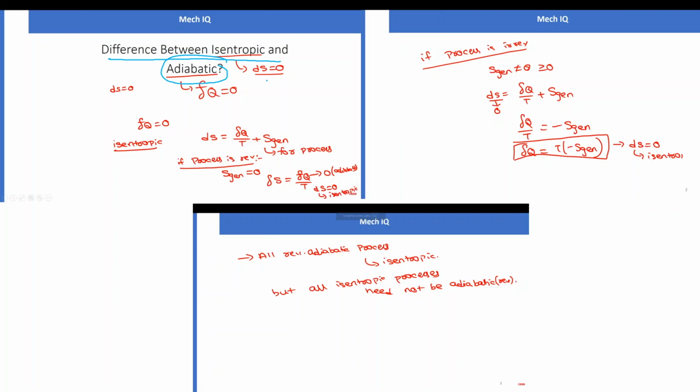In an isentropic process, the change of entropy, delta s, equals 0. In an adiabatic process, the change of heat dq equals 0, meaning there is no change of heat energy.